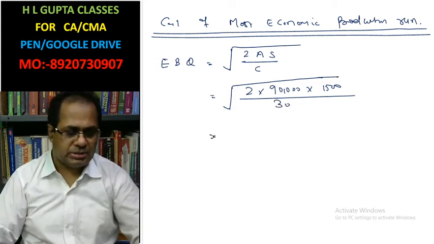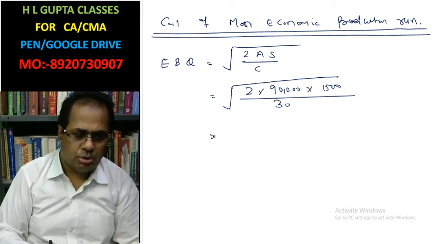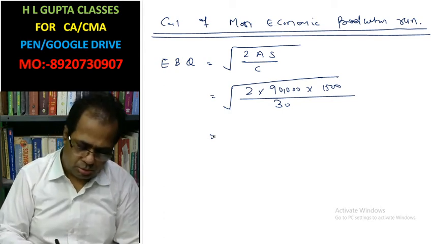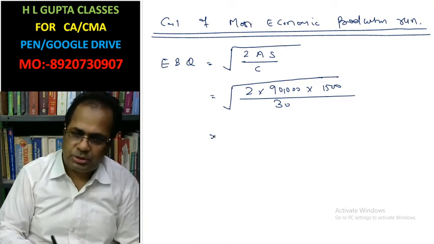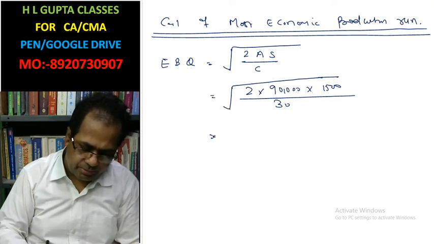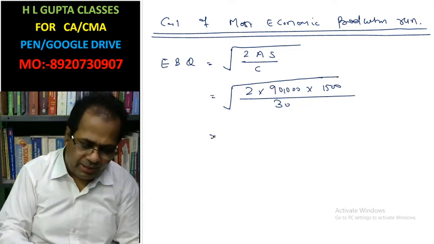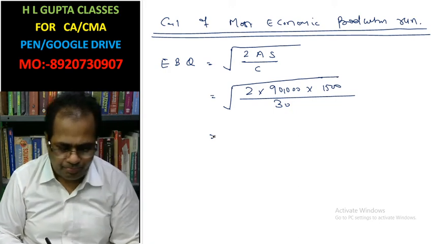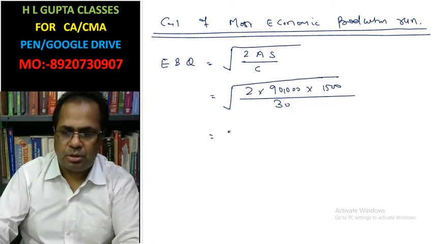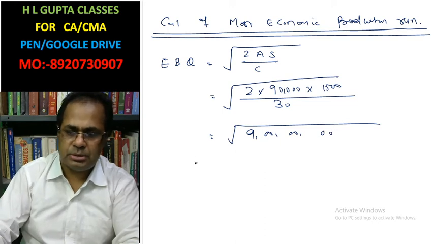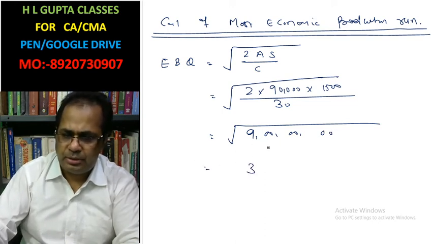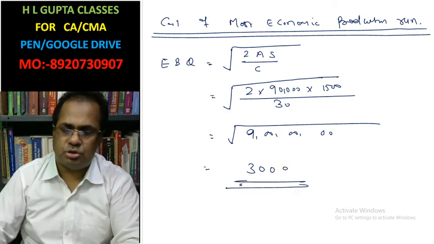After calculating this you will get the answer. 2 into 90,000 into 1500 divided by 30. This will come to 9,000 units.